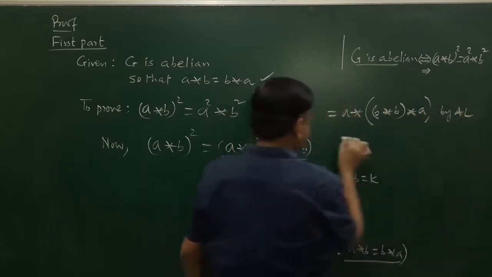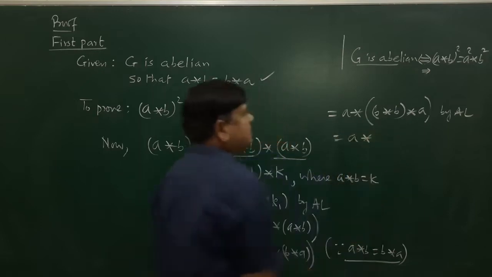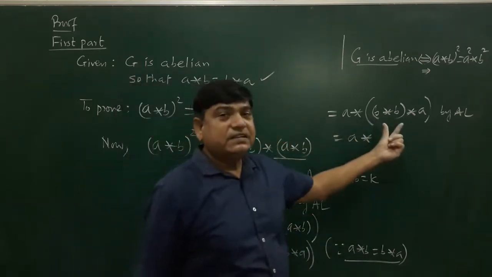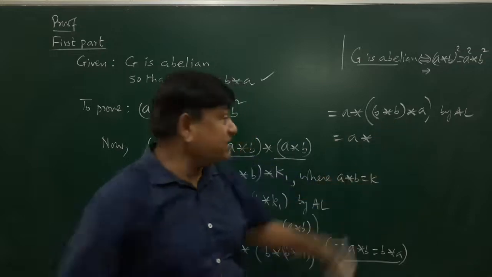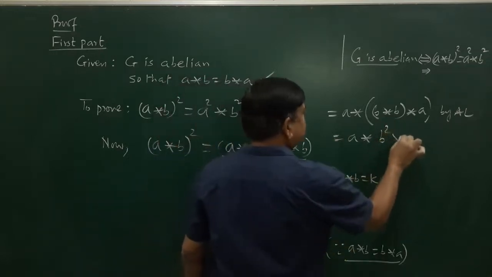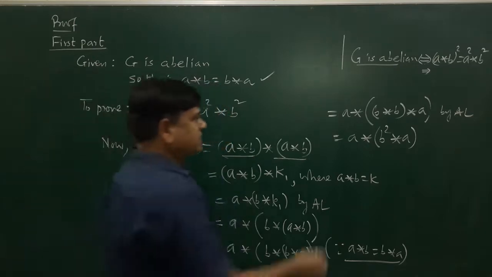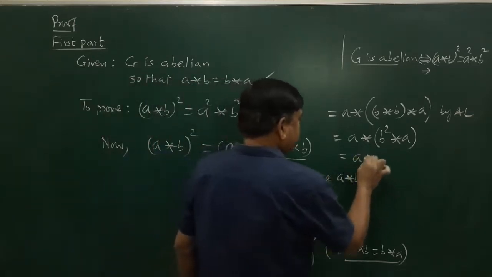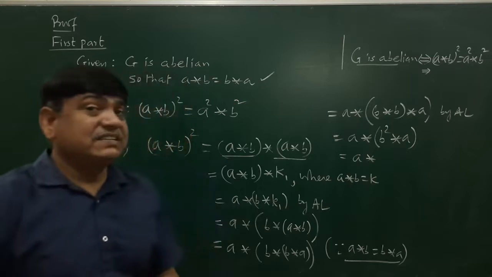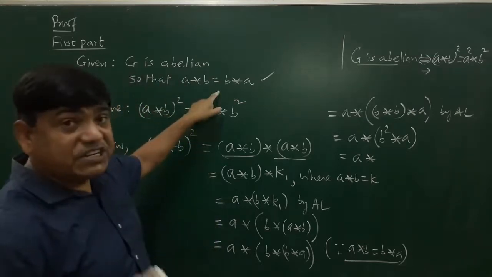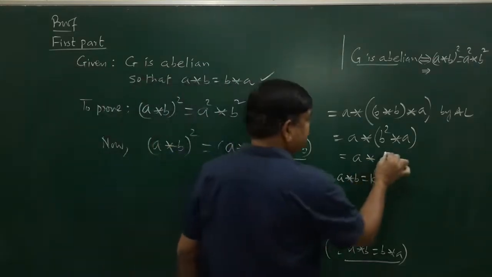Now b star b: what is the meaning of b star b? That is b square. So here it is b square star c. Since G is abelian, the commutative law holds, so I can interchange this.